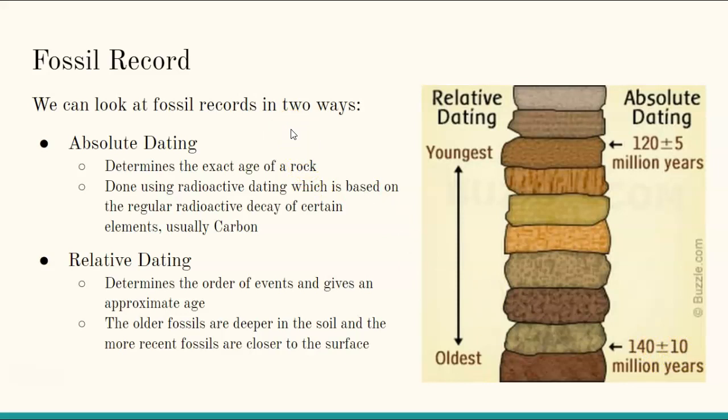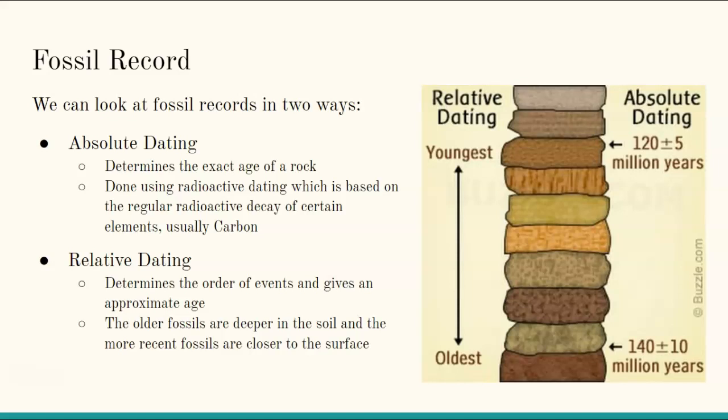That's pretty close. And then relative dating determines the order of events something happens, right? Like I know that the older a fossil is, the deeper into the earth it's going to be, and the more recent a fossil will be, the closer to the surface it will be. But I couldn't tell you exactly how many millions of years ago this organism walked the earth.